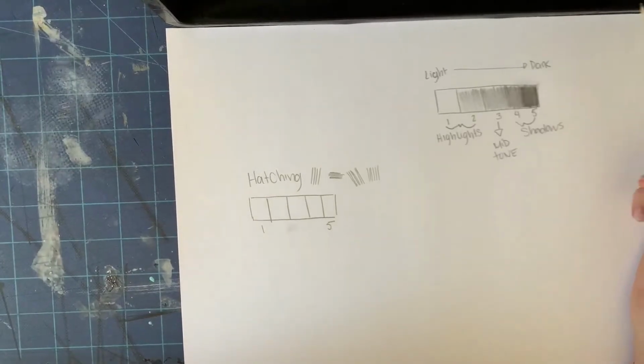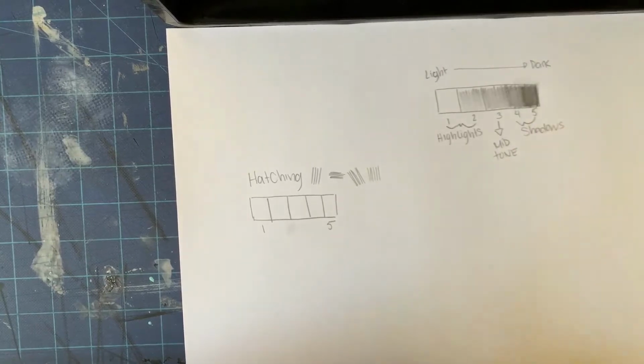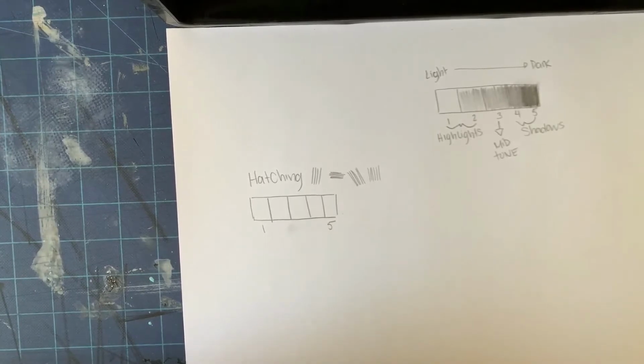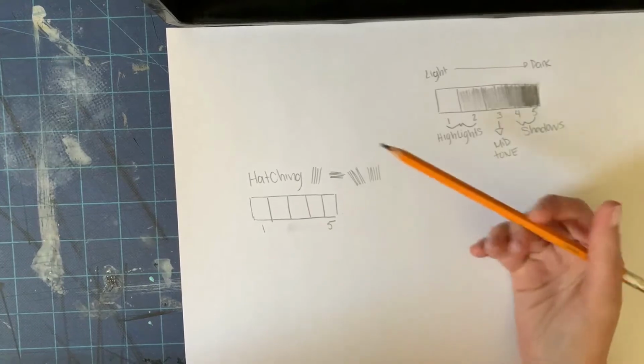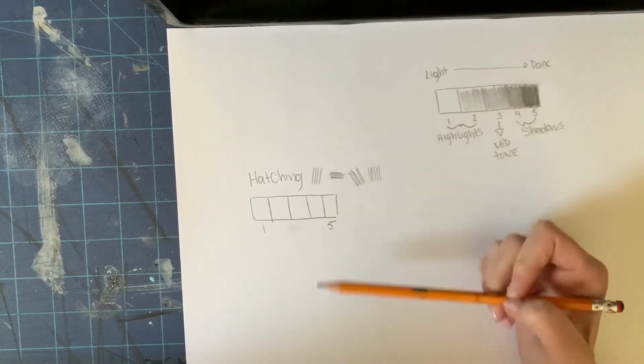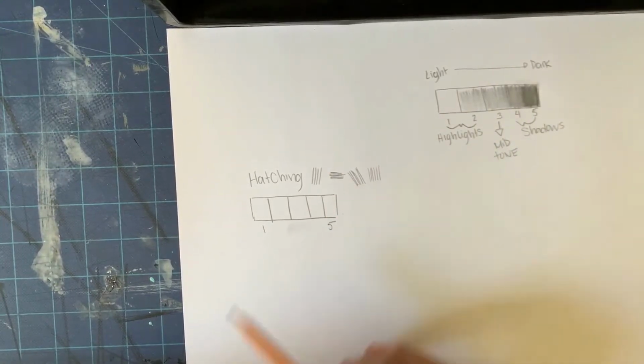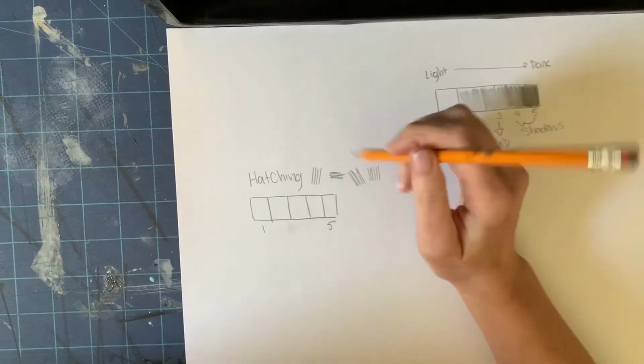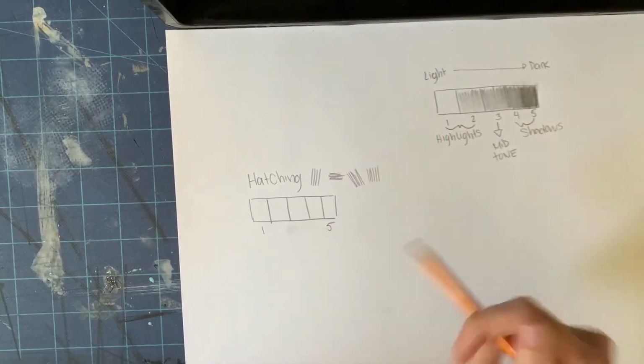All right, so I already went ahead and shaded in this value scale so that we have something to reference as we're working on our hatching value scale. So hatching is creating parallel lines all in the same direction. So that can be this way, this way, this way, or this way. It doesn't really matter.